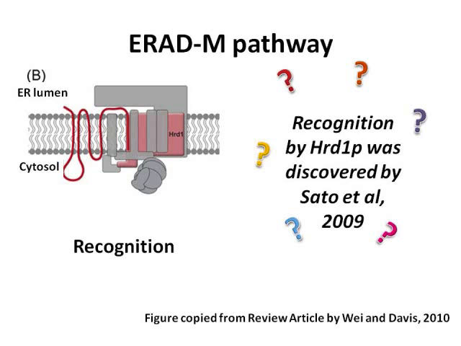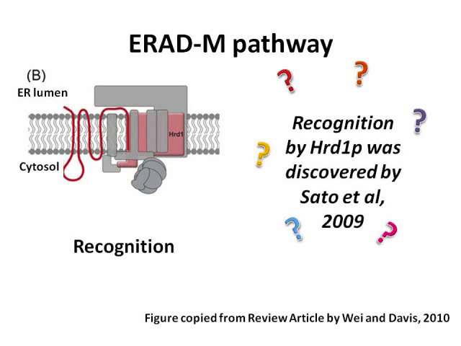Finally, the ERAD-M pathway is the main focus of this paper. When a misfold is located within the transmembrane domain, the ubiquitin ligase, HRD1P, shown in pink, recognizes the misfold via its transmembrane domain. This was shown in the paper that I chose to analyze by Sato and colleagues in 2009. Before their research, the ERAD-M pathway was largely a mystery.